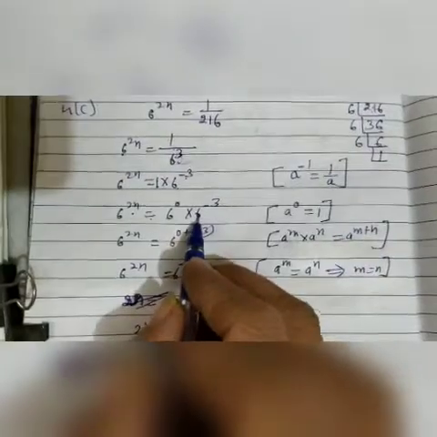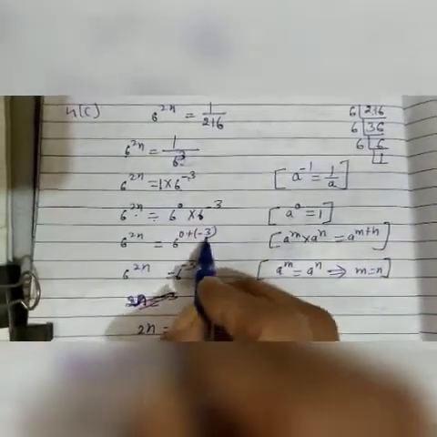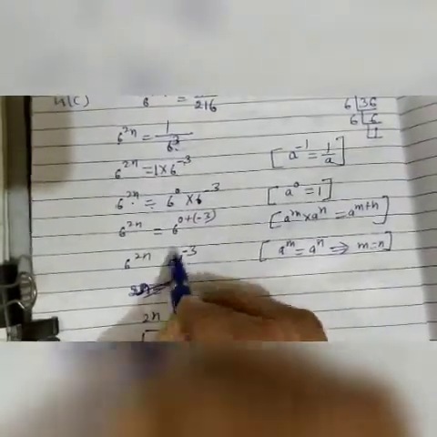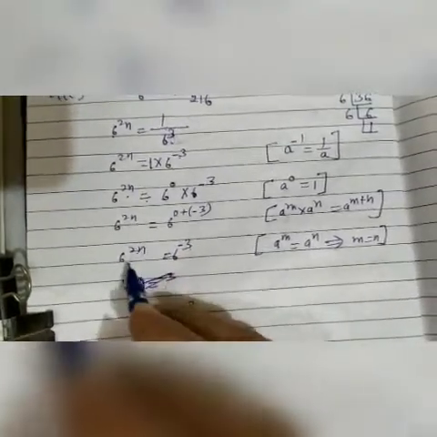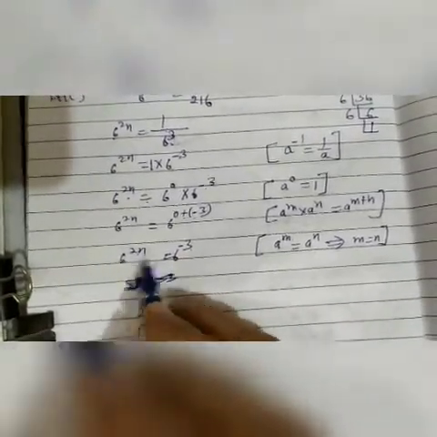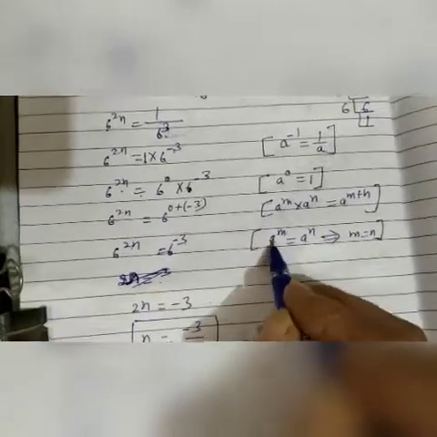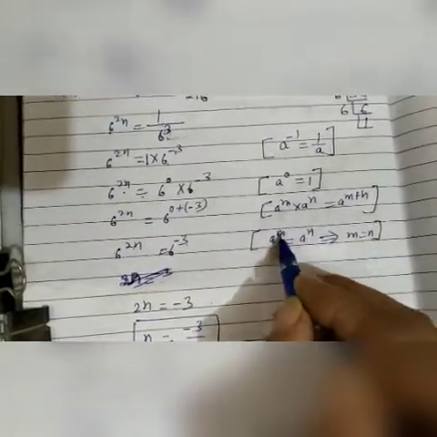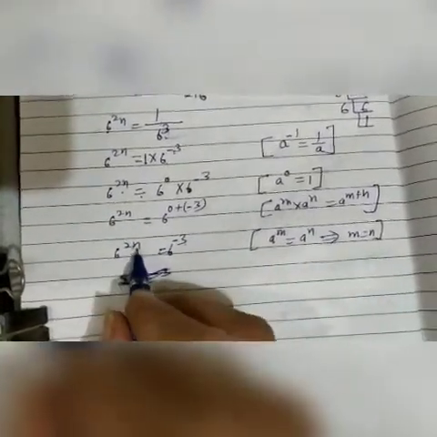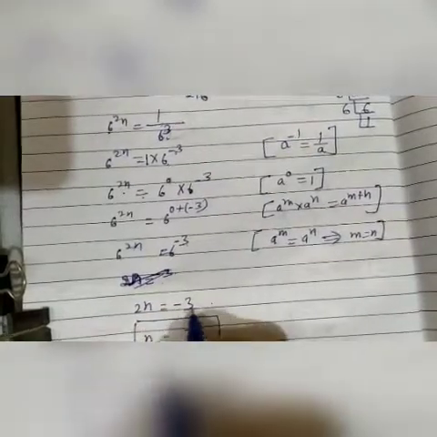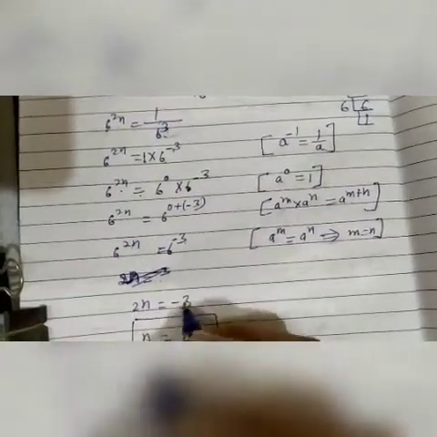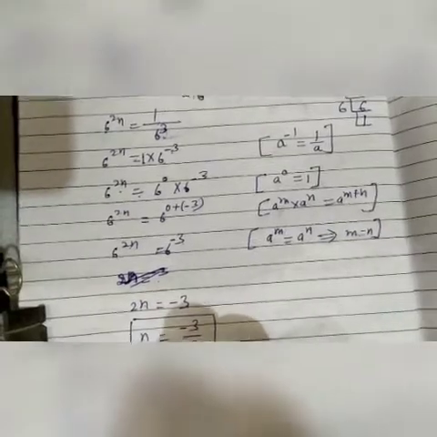If both the bases are same, powers are added. So 6 power 2n is equal 6 power minus 3. Now bases of both the sides are equal. a power m is equal a power n, so m is equal n. Then we can write powers are equal, 2n is equal minus 3. Then n is equal minus 3 upon 2.